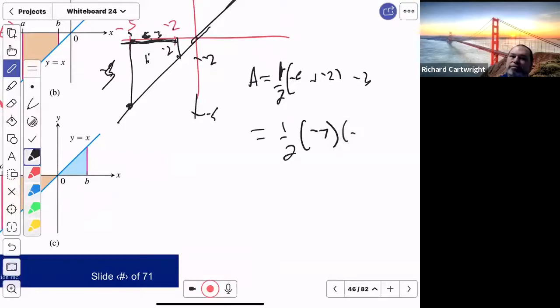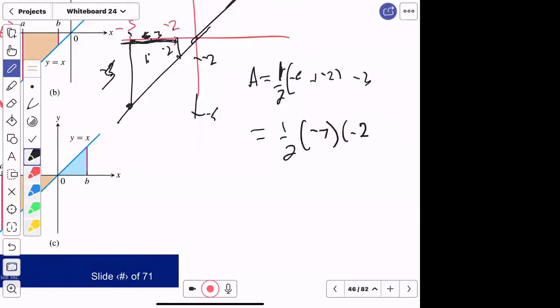Times a negative 2. Is it going to give me a positive answer in the geometry? Somebody? No one's talking. Yes, it is? It's going to give me positive, right?